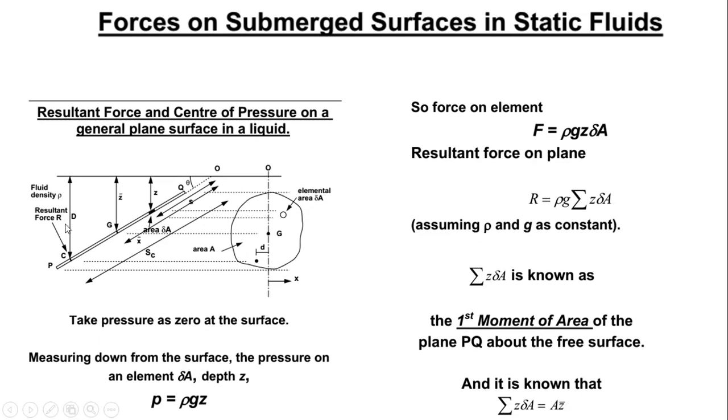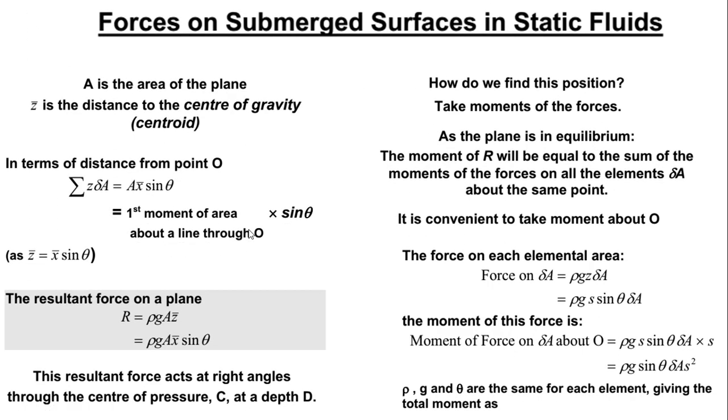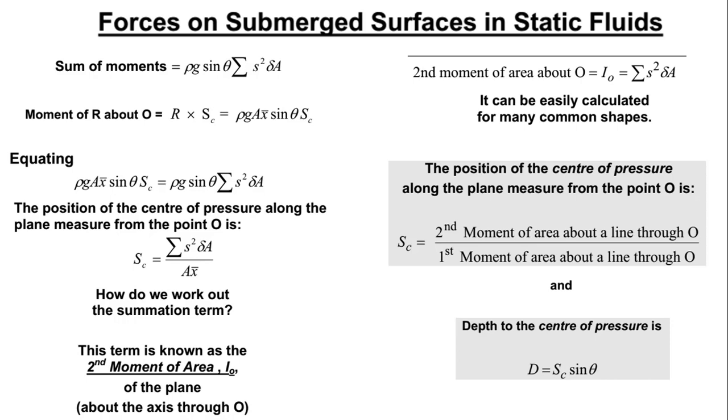We are looking at the moment of force about O, which is this point. From there, we can get the sum of moments, which is equal to rho g sine theta summation of S squared delta A. Here we are assuming that it's a continuous fluid, so we've got a density which is constant.